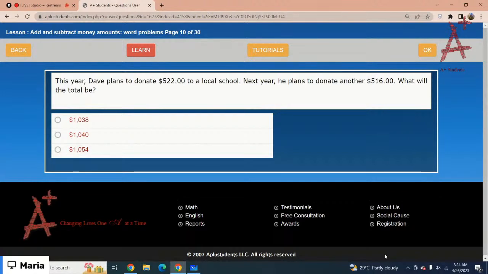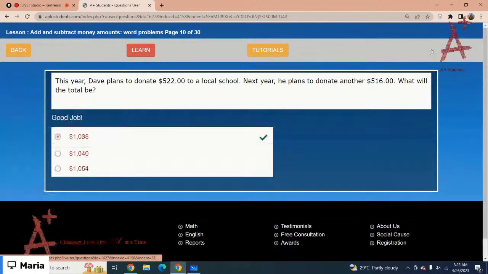So which is the correct option? So when you add, it makes $1,038.